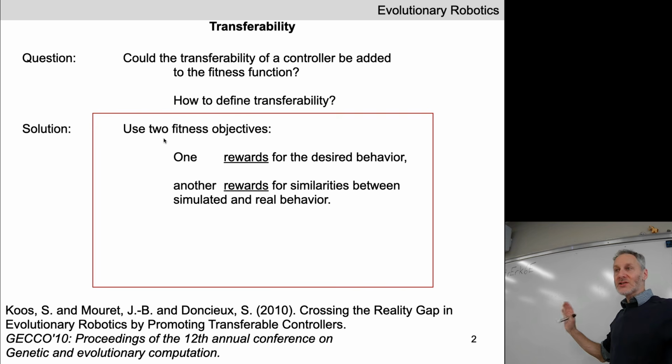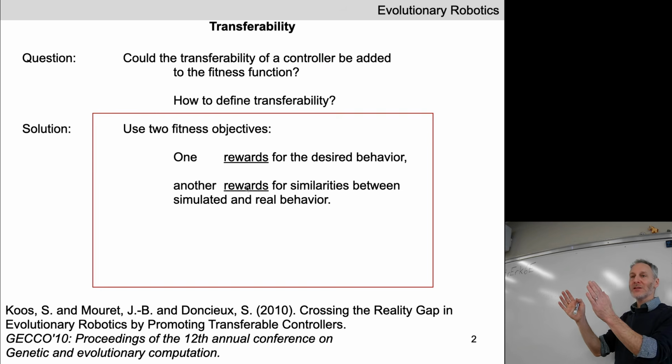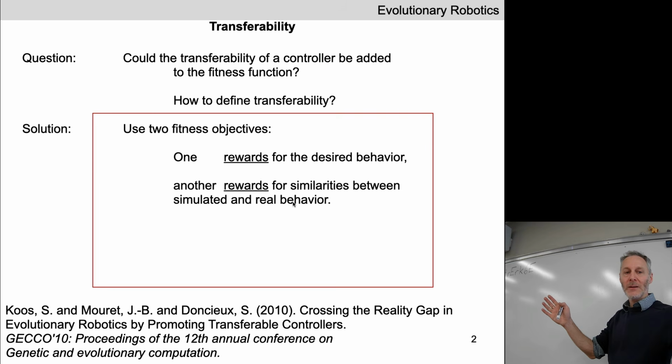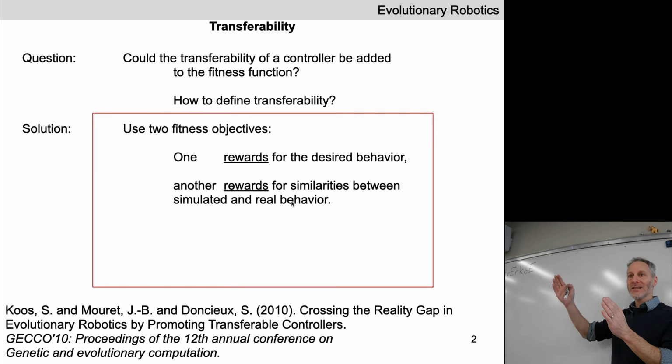They're going to start by defining two variables in the fitness function. One rewards for traveling to the right, and the other rewards for transferability, which is the similarity between the behavior that controller causes on the simulated robot and the behavior that controller causes in the real robot.